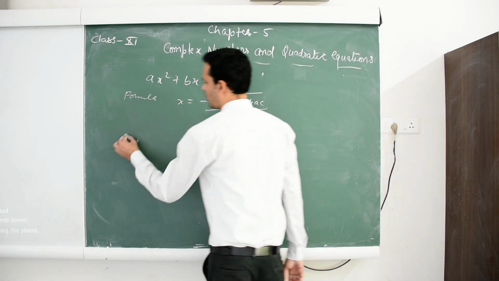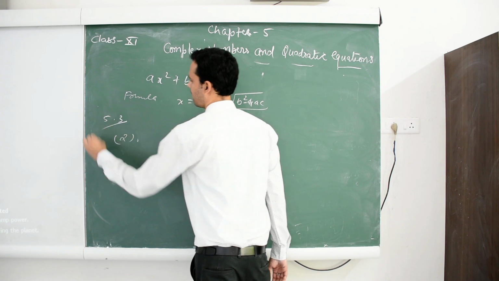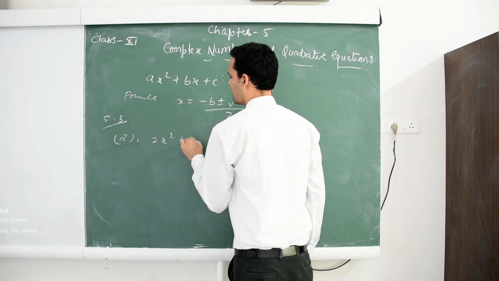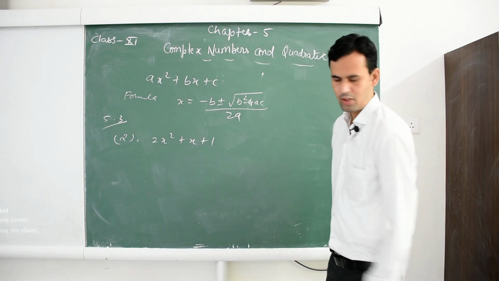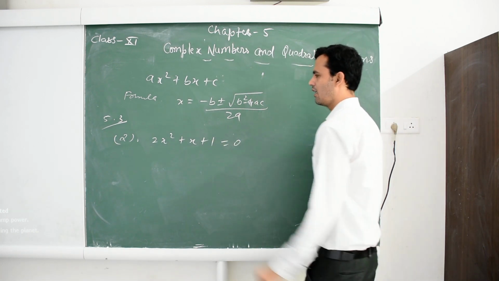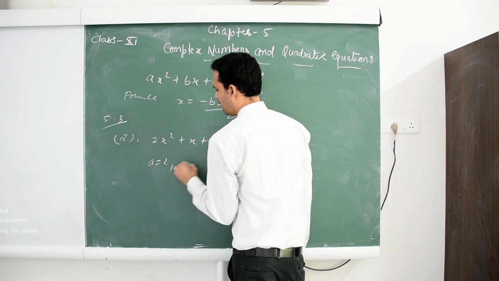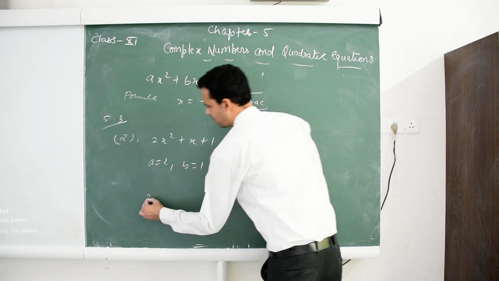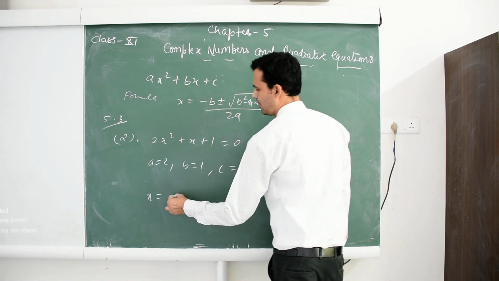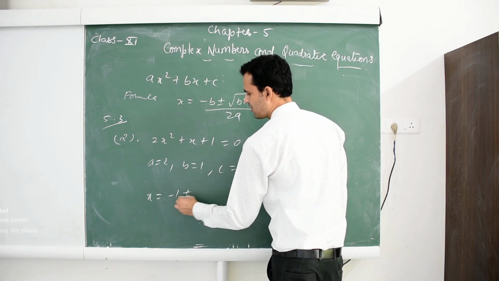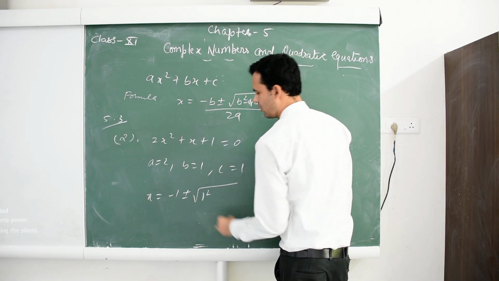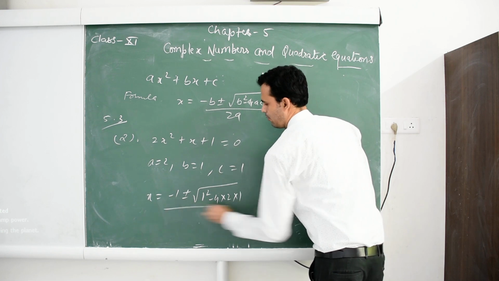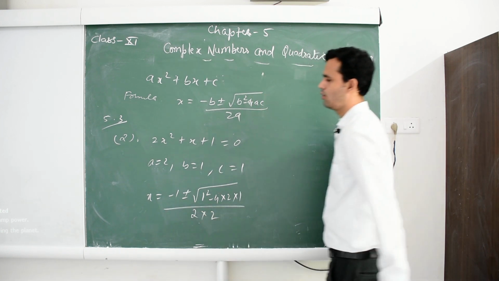So question number 2 of 5.3, the question is 2x square plus x plus 1 equals 0. So here a is 2, b is 1 and c is also 1. Formula x equals minus b, so minus 1 plus minus under root b square, that is 1 square minus 4 into 2 into 1, upon 2 into 2.